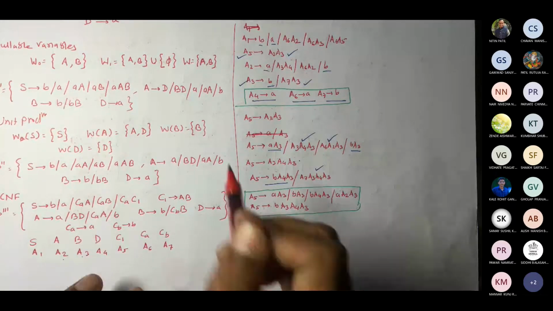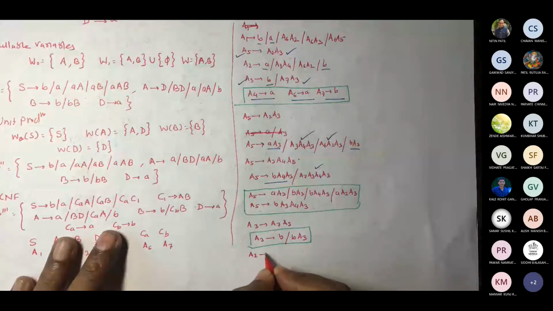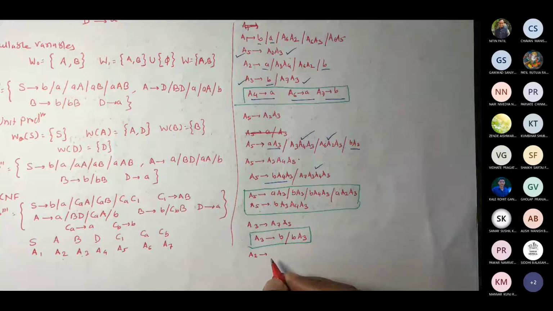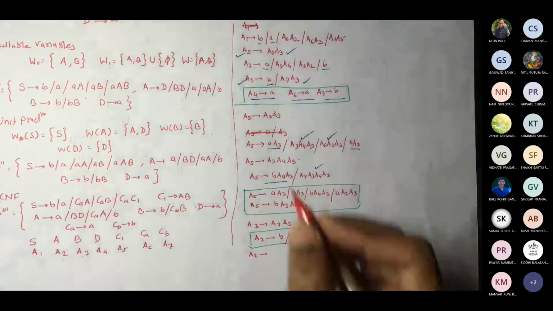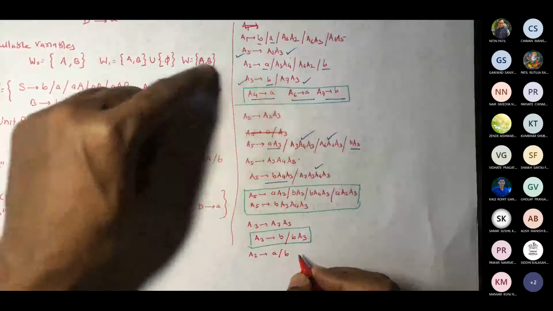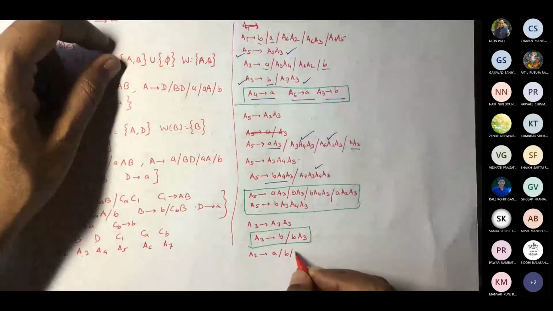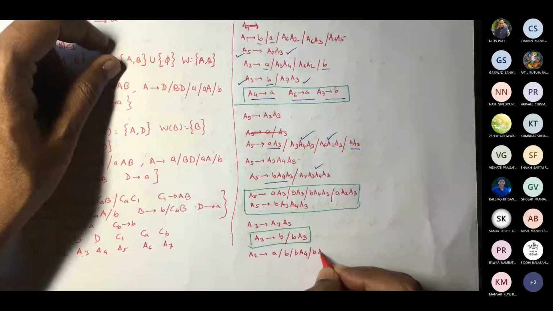Fine. Now let us pick A2. A2 gives A3 A4. Okay, I will write directly A. Then B. Then A3 A4. A3 क्या है? ये दोनों values है. So we'll put it as B A4, B A3 A4.